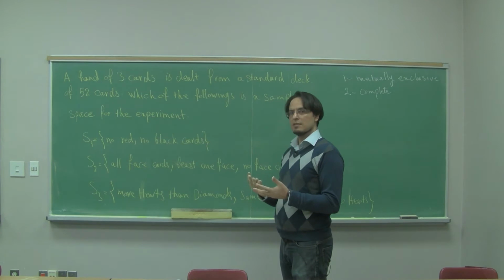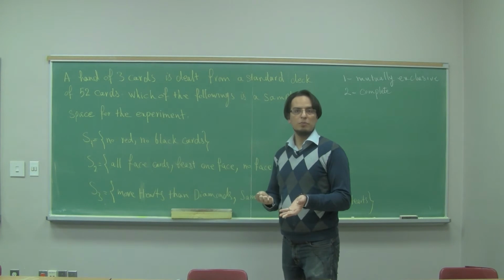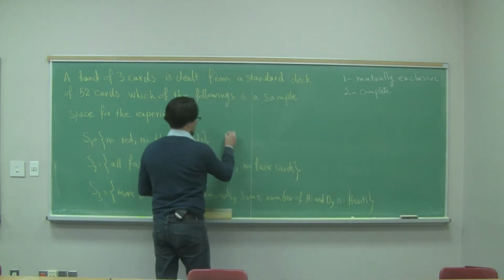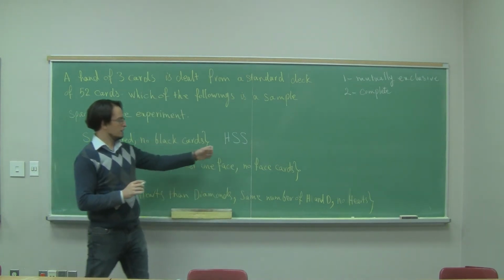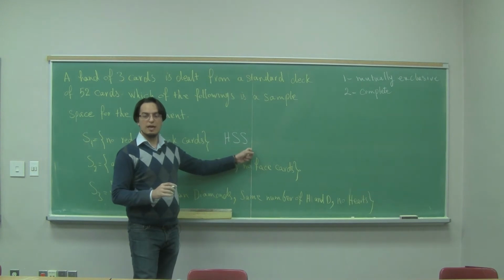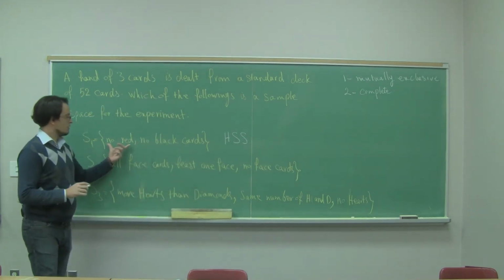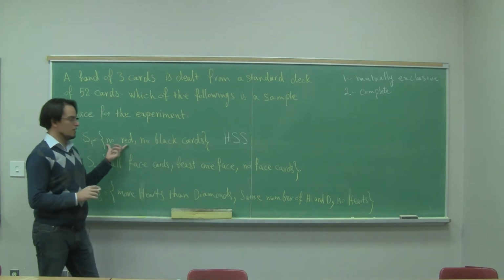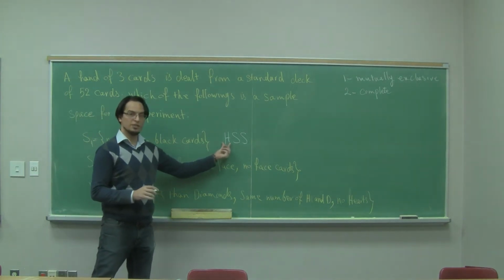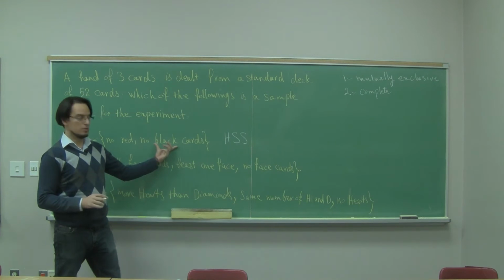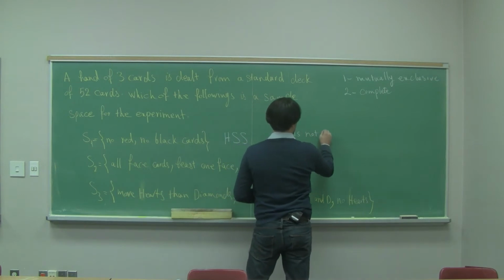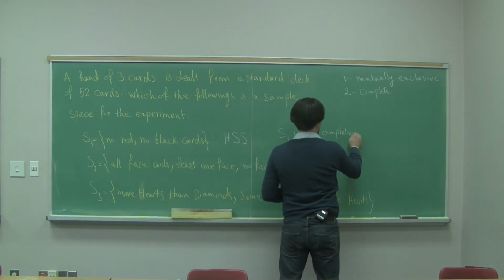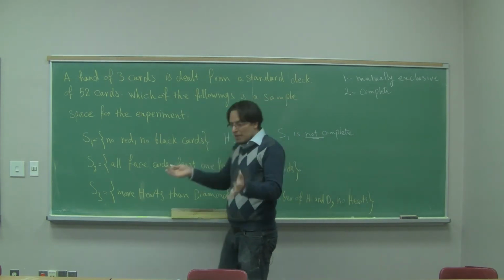But we have cases in which we have both red and black. For example, if my hand is HSS, I mean heart, spade, spade. In that case, HSS is not here because it has 1 red, and it's not here either. So that means that S1 is not complete, and so it's not a sample space.